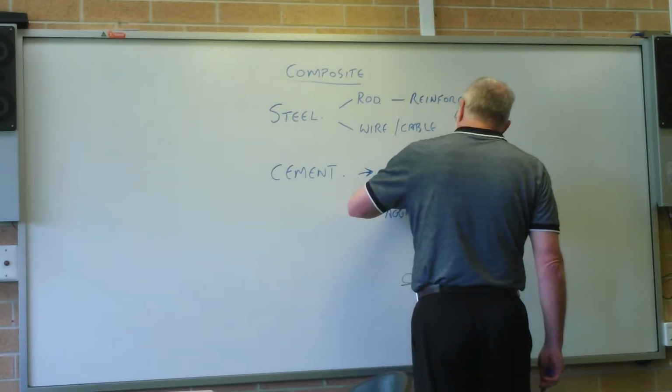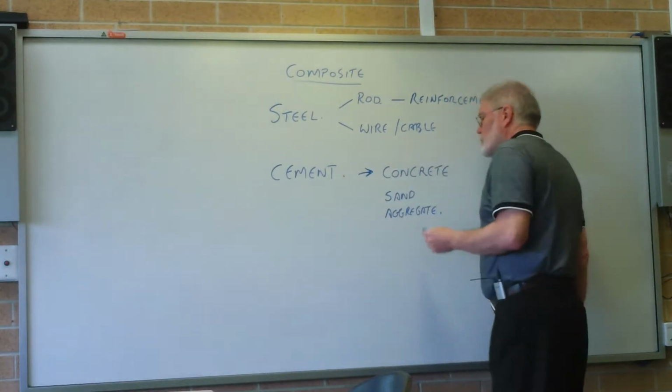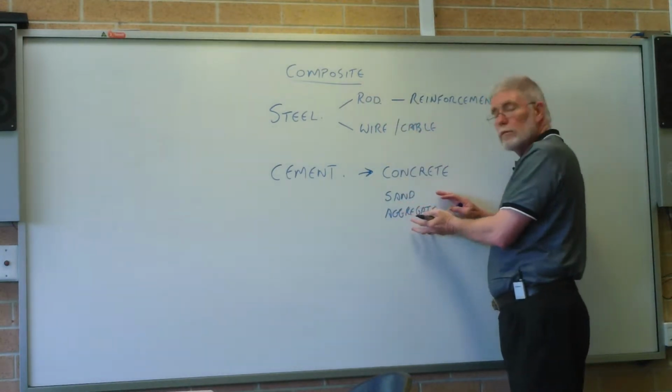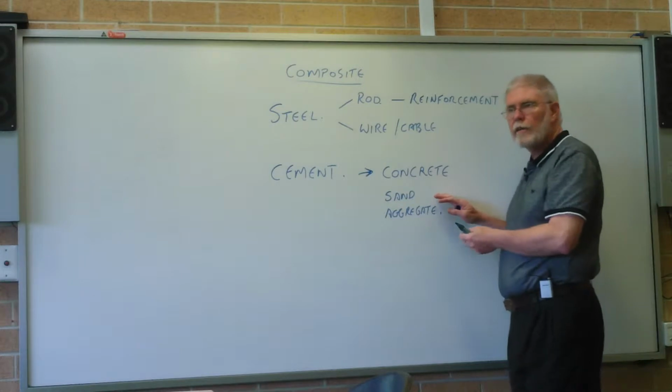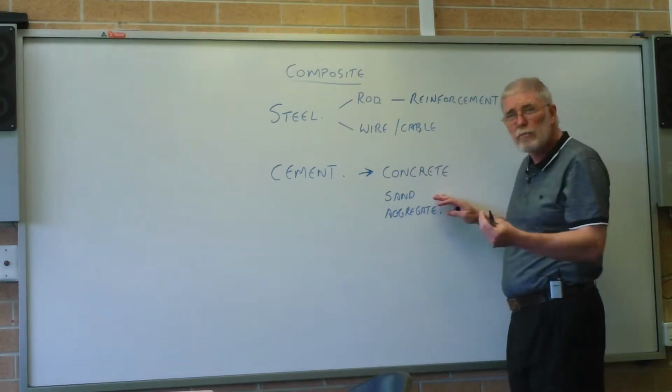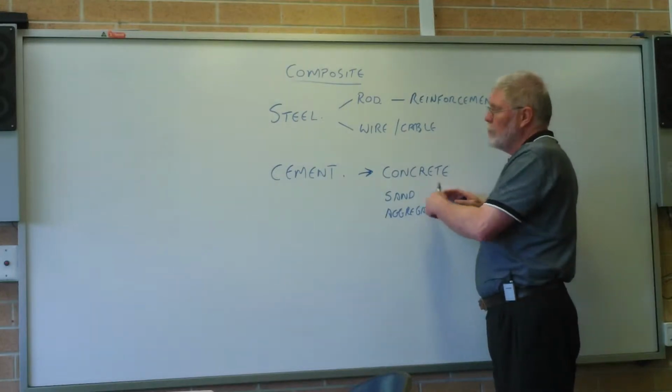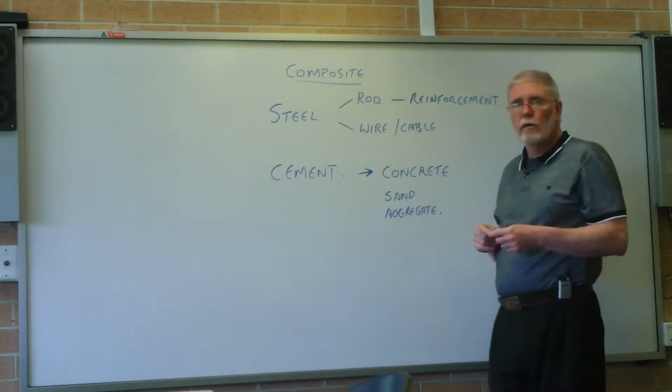Now aggregate really is there to do two things. It creates a binding effect as well, and it's usually a hard rock, say a blue metal, dolomite material, one of the harder rocks. The sand, if you just use sand and cement, you can make concrete.